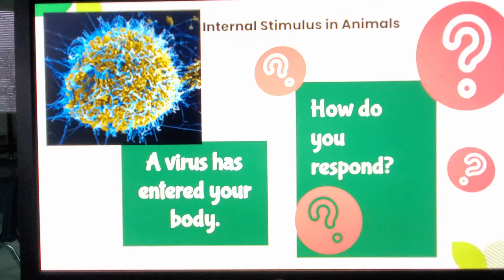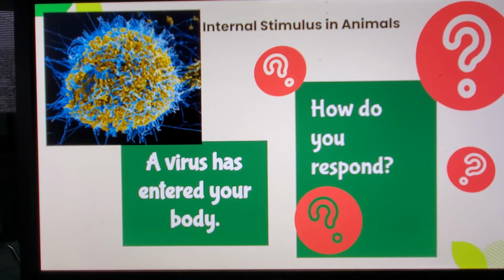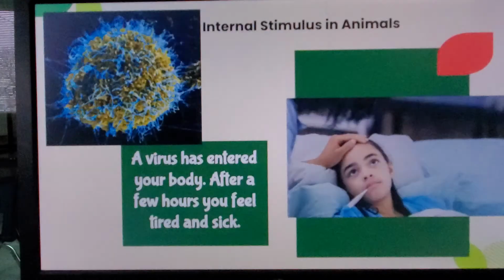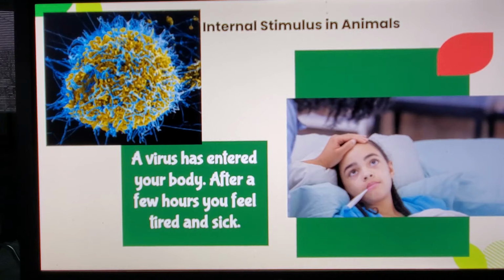Next example. A virus has entered your body. How does your body respond to this virus that is inside of your body? So what your body does is that it raises your temperature and gives you what is called a fever in an effort to kill the virus, because many viruses only like to live at certain temperatures.